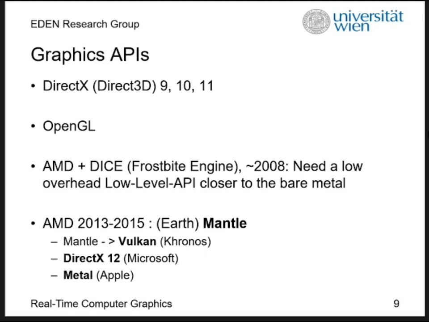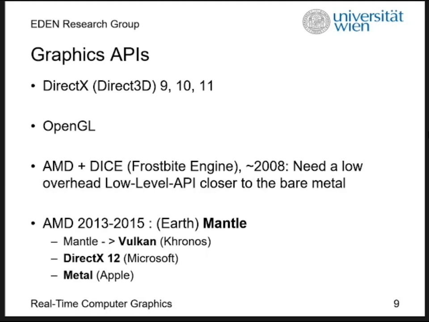So they came up with something called Mantle, like the mantle around the Earth. And from Mantle, the industry organization Khronos then developed the Vulkan specification, the Vulkan API. Of course, we also have the other big players, Microsoft and Apple. They came up with their own versions.